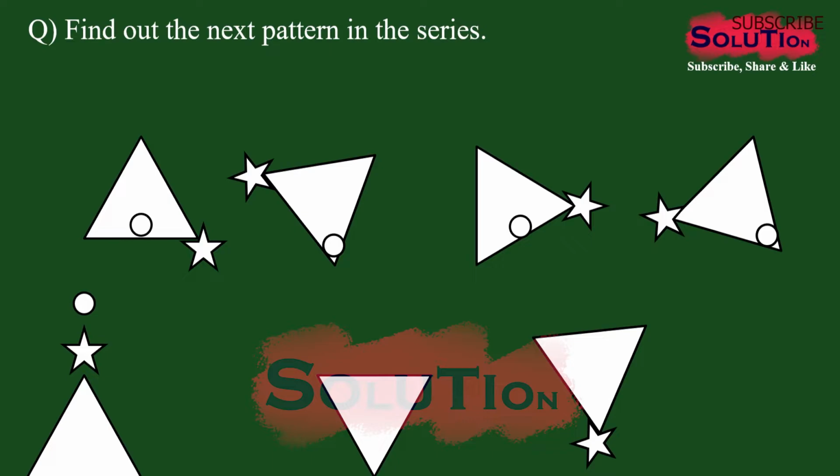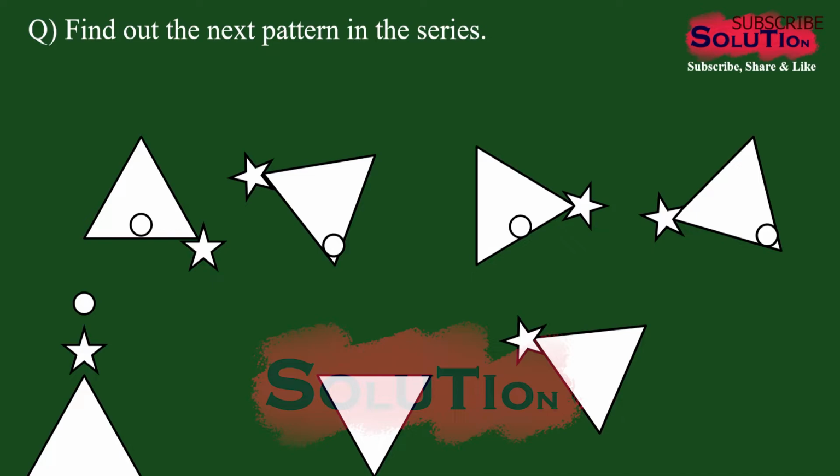The star is not in that position. So in the answer figure, we have to move the star in the left direction, right? So it is moving in the clockwise direction from one point to another. In a triangle, we have 3 points, so from one point to another point, it moves.